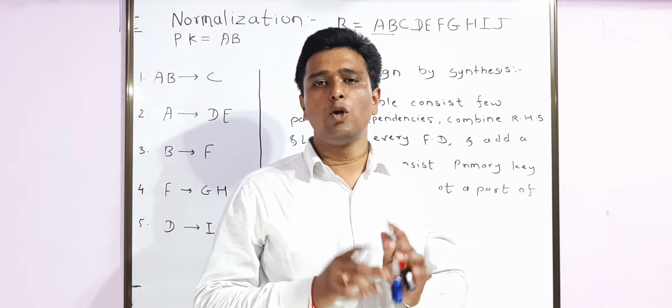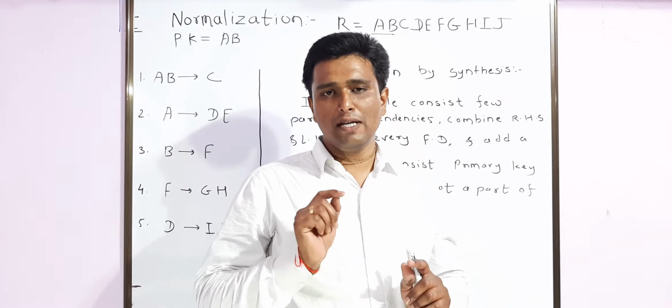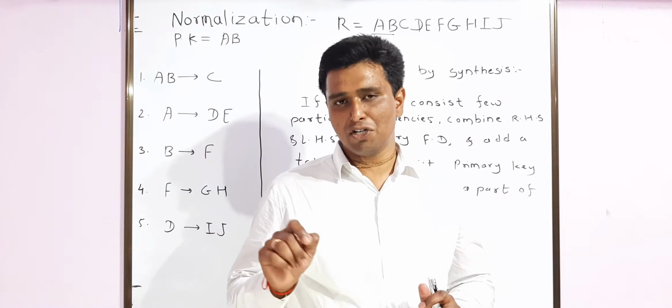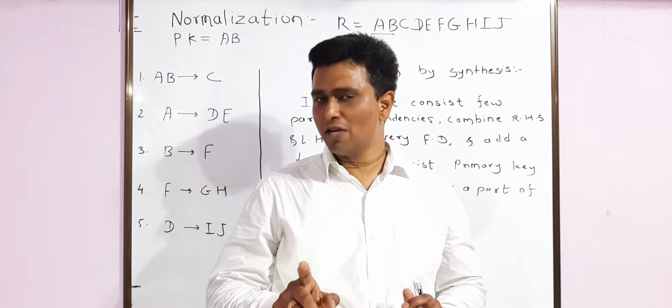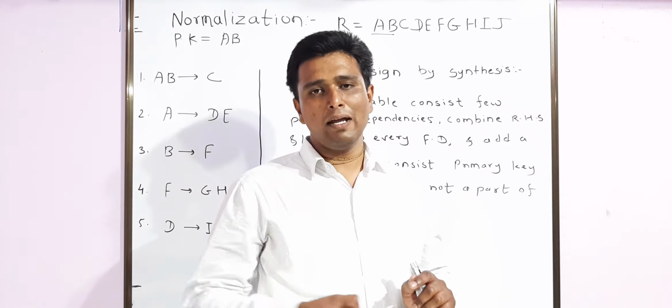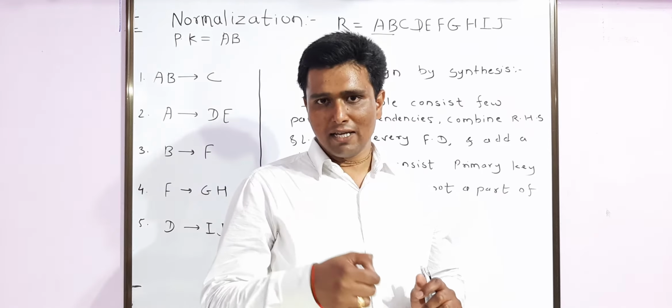What is 2NF? A relation is said to be in 2NF if it is free from partial functional dependency. What is partial functional dependency? It is when part of the key determines a non-key attribute. Let's say AB is a key.